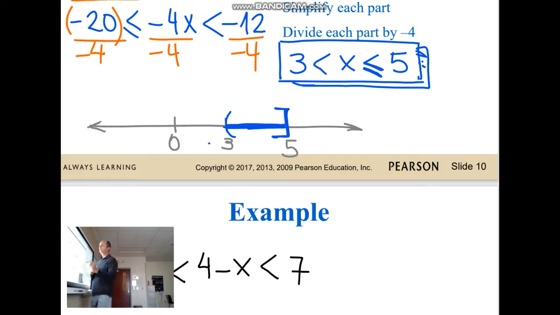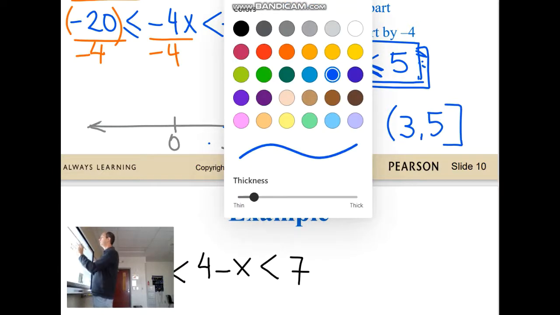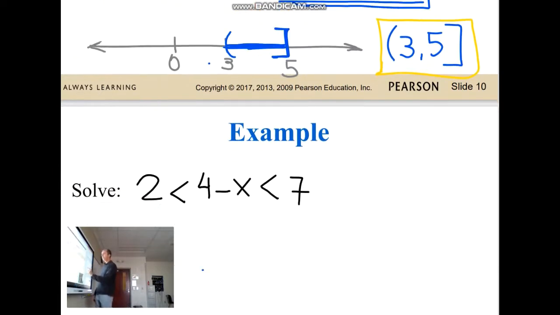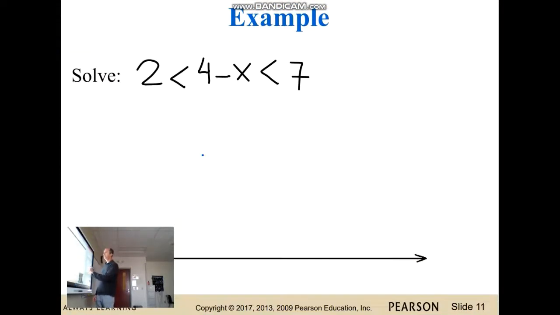And another way of representing is using interval notation. Parentheses 3, comma 5, bracket, because the 3 is not included, but 5 is included in the interval, in the solution.